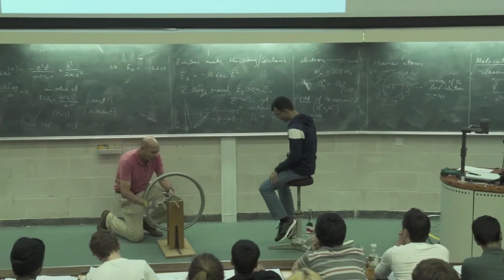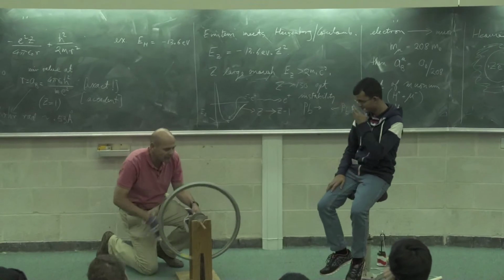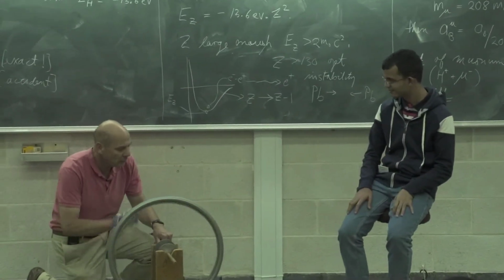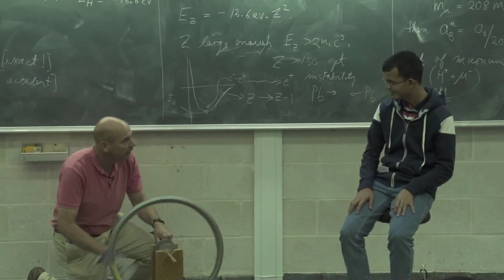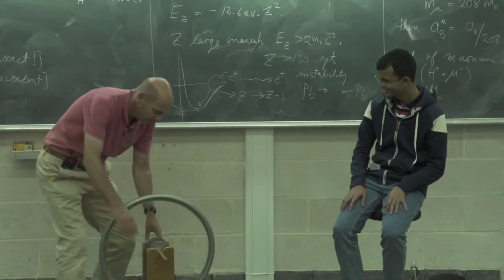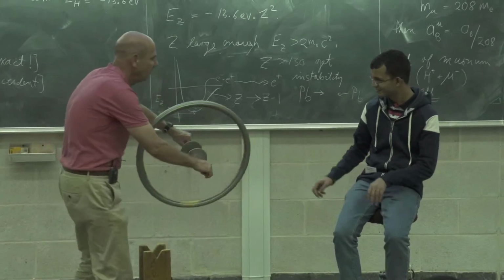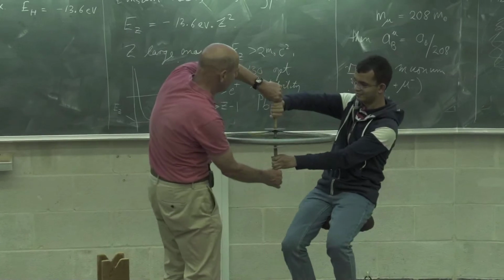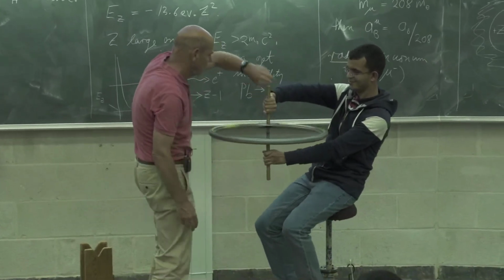And you will have to hold this wheel so that its axle is vertical in front of you, far enough from your body that the wheel doesn't strike you as it rotates. So here we go. Now this wheel may be rotating too quickly, so I'll try and hold you if necessary.